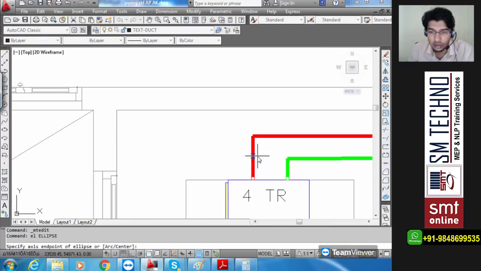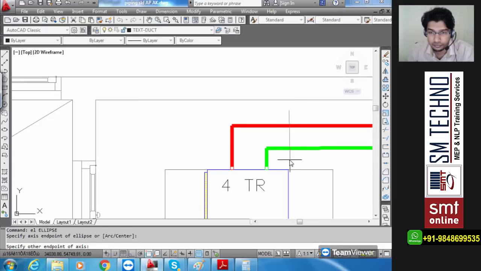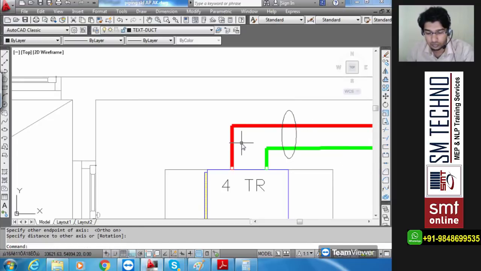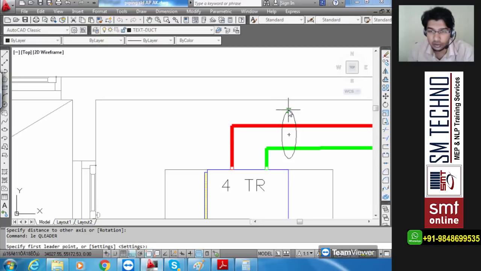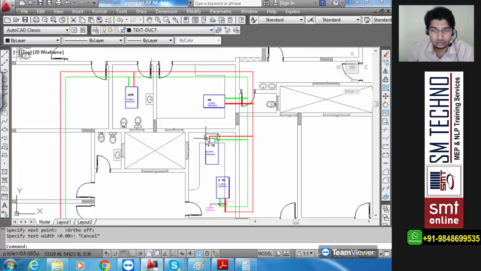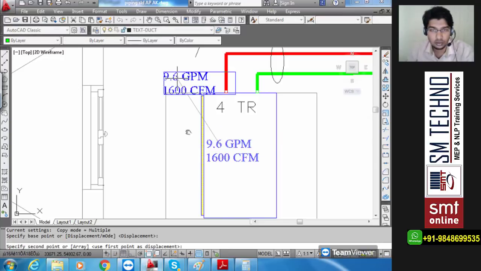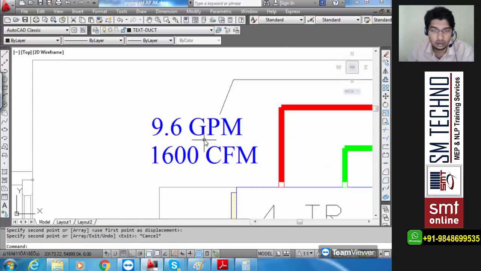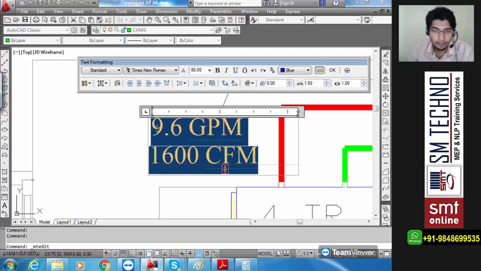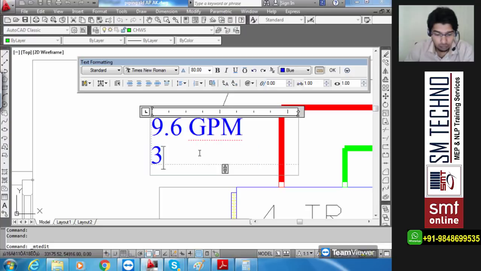So EL enter, LE enter for the leader line, CO enter to copy the text, place it here. Yes, how much is that? 32 mm. That's the diameter symbol.